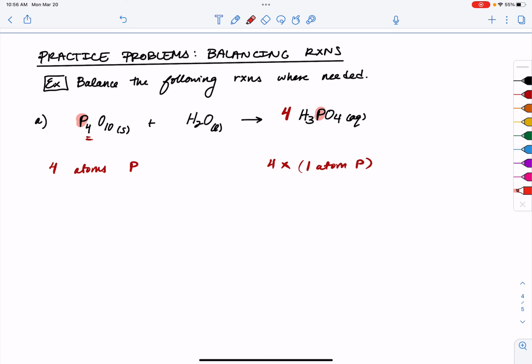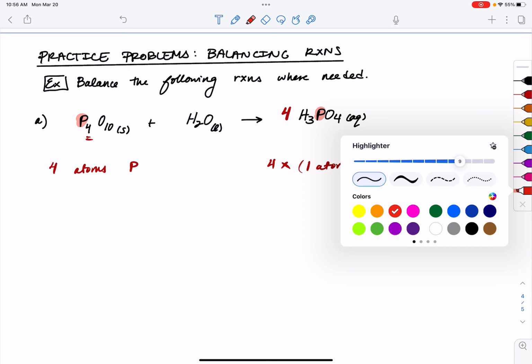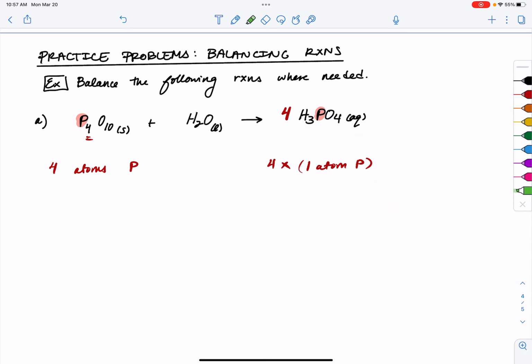Okay, let's follow what that's done now. Looking at our product side, let's look at our hydrogens. In each H3PO4 we've got 3, but I have 4 H3PO4s. So 4 times 3, that is 12 hydrogen atoms.